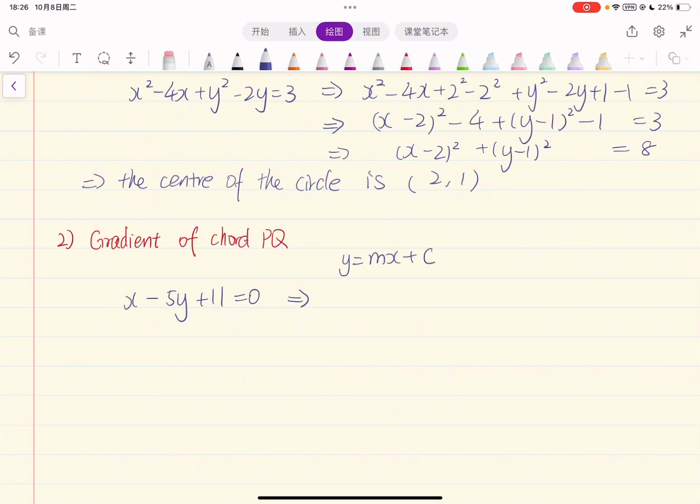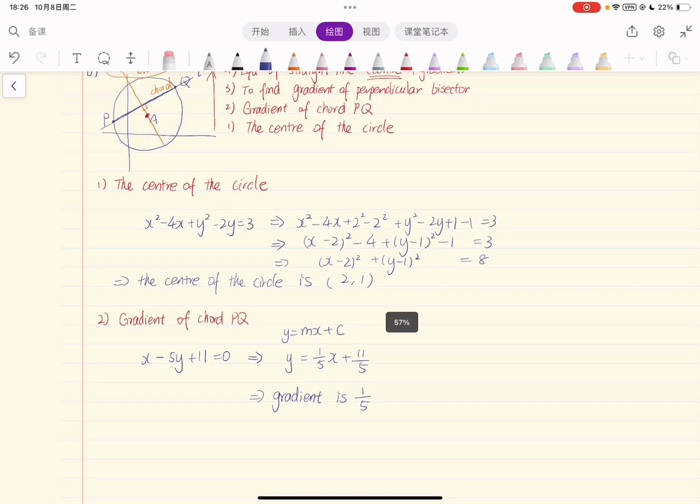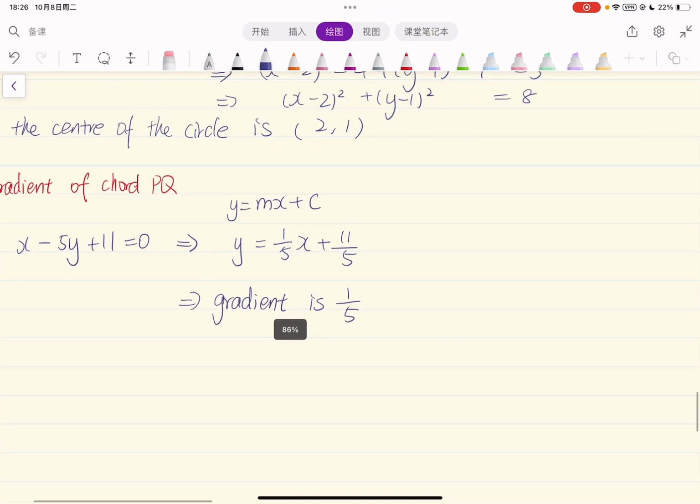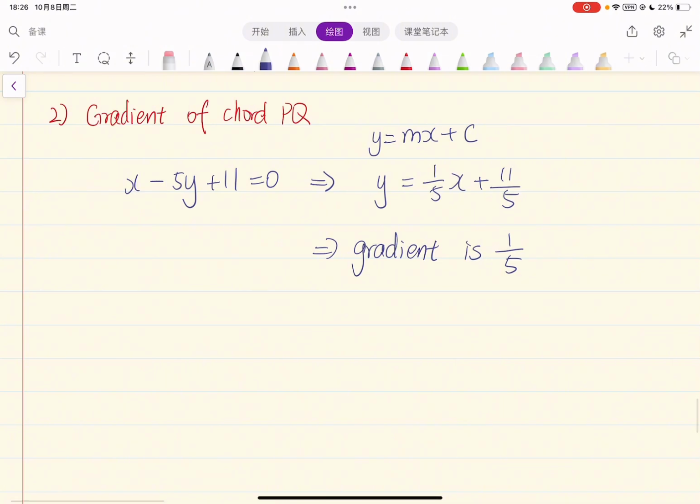So we have y equals 1 over 5 x plus 11 over 5, which means the gradient is 1 over 5. Now we can get the gradient of the perpendicular bisector, since the product of the gradients of perpendicular lines is minus 1.